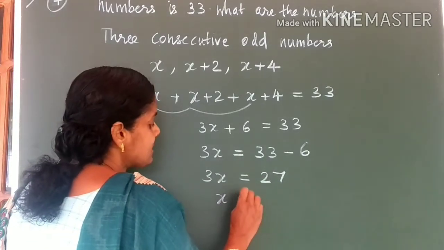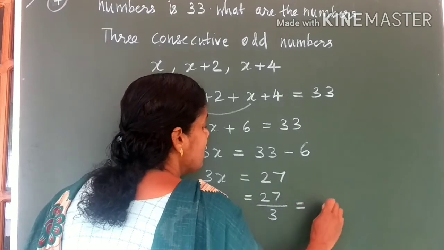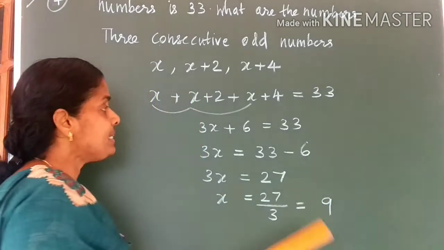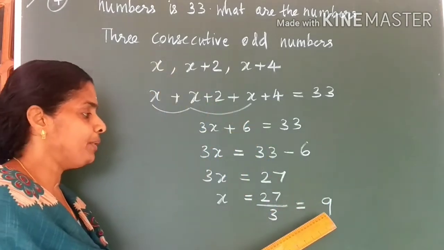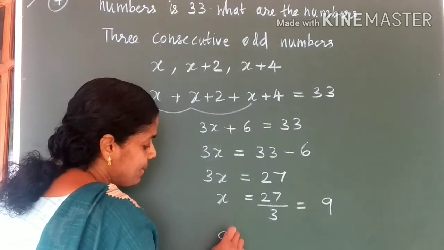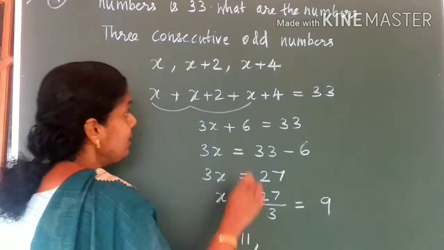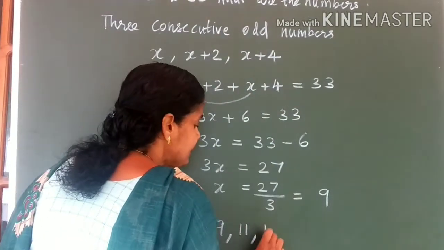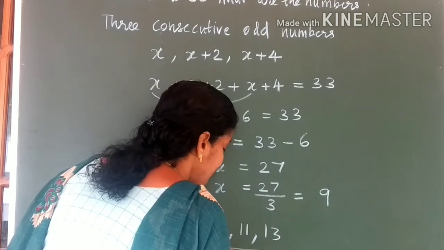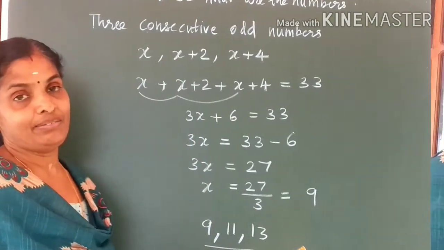So what is x? x is equal to 27 divided by 3. So you got the first odd number to be equal to 9. So what are the other two numbers? The numbers are 9, 9 plus 2, 11, 9 plus 4, 13. So the 3 odd numbers are 9, 11 and 13.